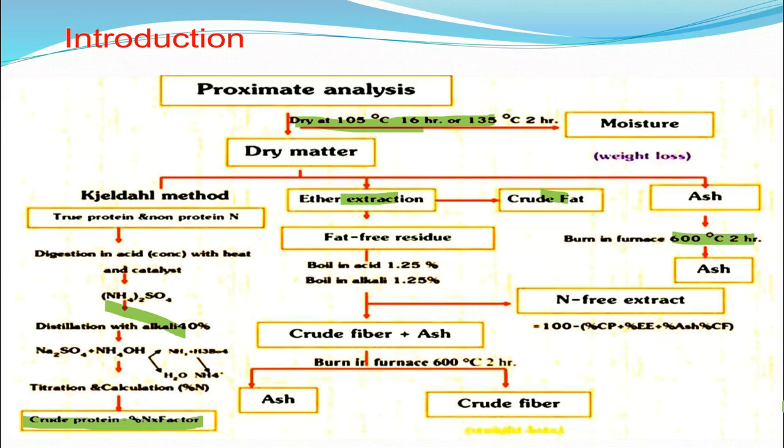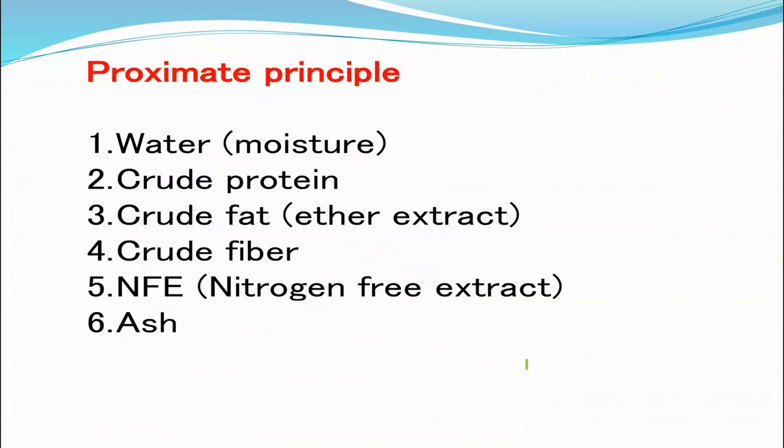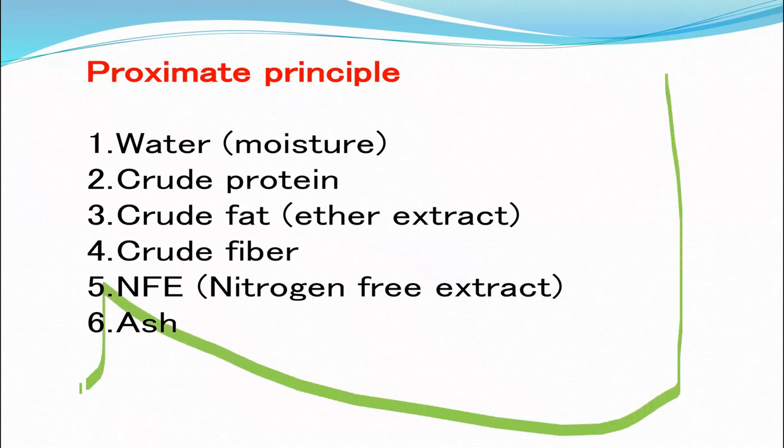The crude fibers will be retained and ultimately the ash, once again, acid insoluble ash and acid soluble ash, will be calculated. Then, as we have discussed all these things, the water, crude protein, crude fat, crude fiber, and non-proteinous nitrogens, like the nitrogen free extract.